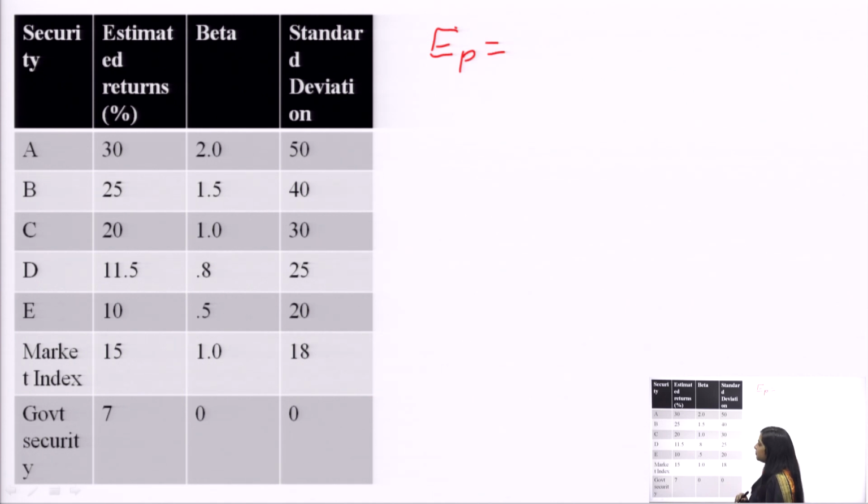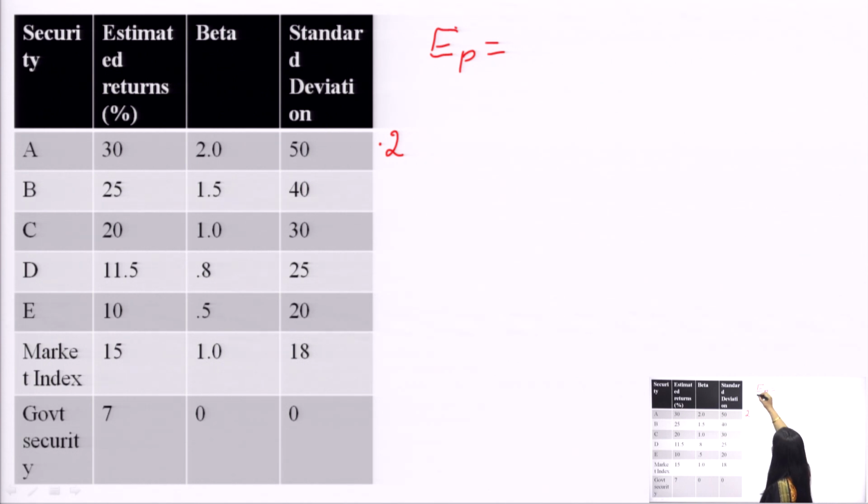Since it is not provided to us how much proportion of each security should be combined in the portfolio, I would be assuming that all the securities would be combined in the same proportion. It means if there are 5 securities, we will be investing 0.20 in each security.